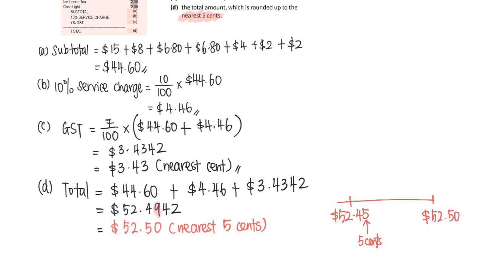That means we always increase by 5 cents. And our value here is actually at this point here, which is $52.4942. So it's closer to $52.50. Alright?